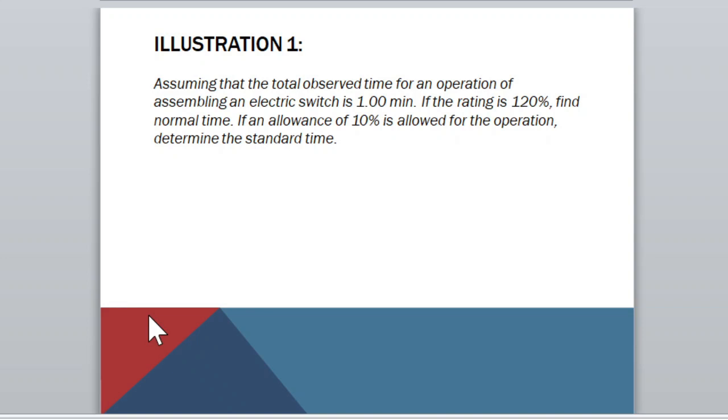Okay, next, we are also asked: if an allowance of 10% is allowed for the operation, we need to determine the standard time.